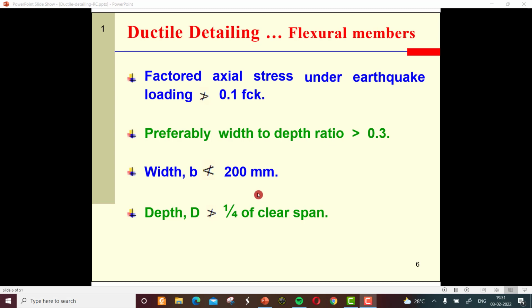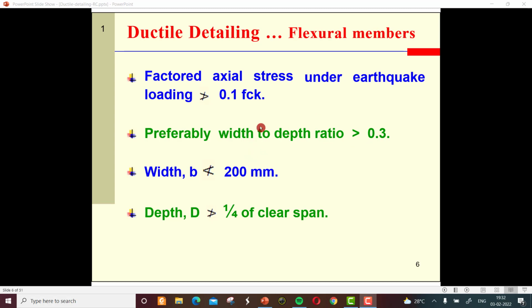While designing or detailing the structures as per IS 13920, there are some provisions: the factored axial stress under earthquake loading should not exceed 0.1 times the characteristic compressive strength. And also, the preferable width to depth ratio should be more than 0.3.